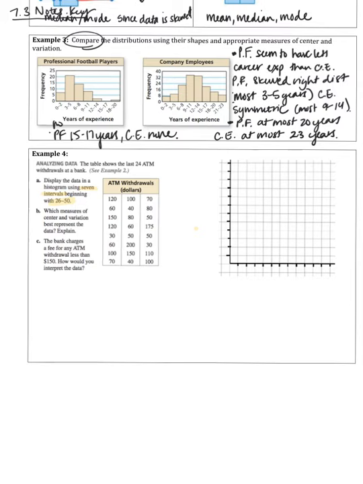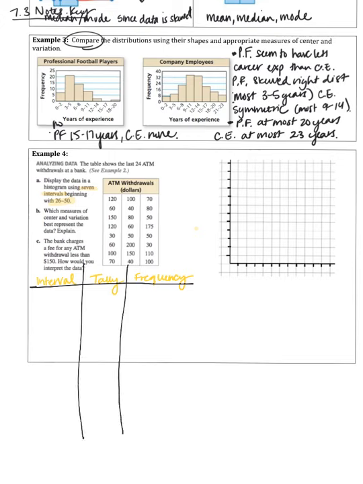So I'm going to show you what this looks like. We're going to set up a table here, and we're going to have 3 columns, one labeled interval, one labeled tally mark, and one labeled frequency. This is how we're going to set this up all the time so that we can make sure we collect the data in the most accurate and appropriate way.